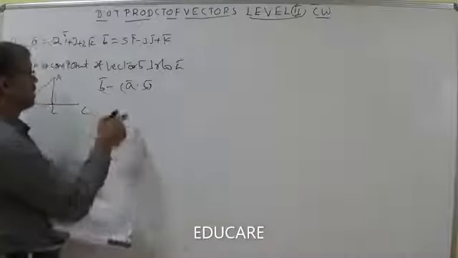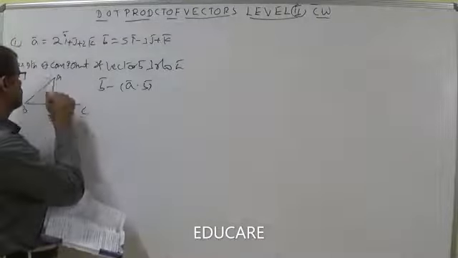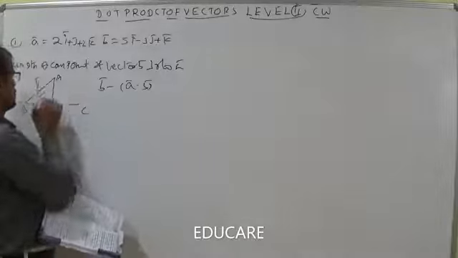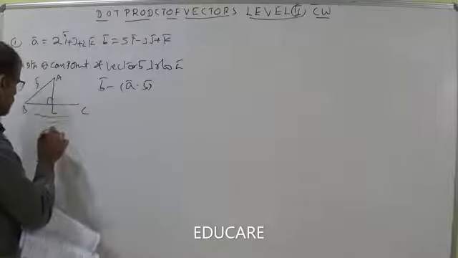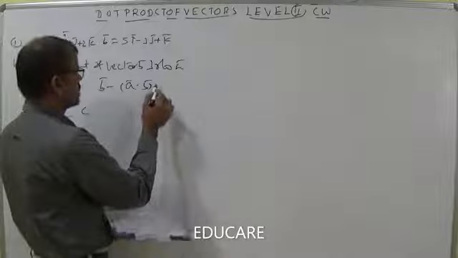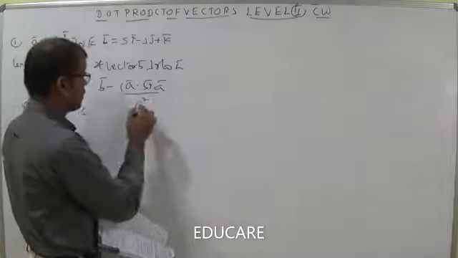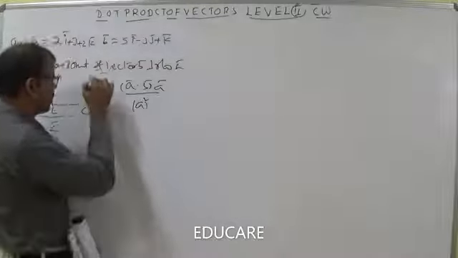If he gives perpendicular to A bar, then it is B bar minus A bar dot B bar into A bar by modulus of A bar square.